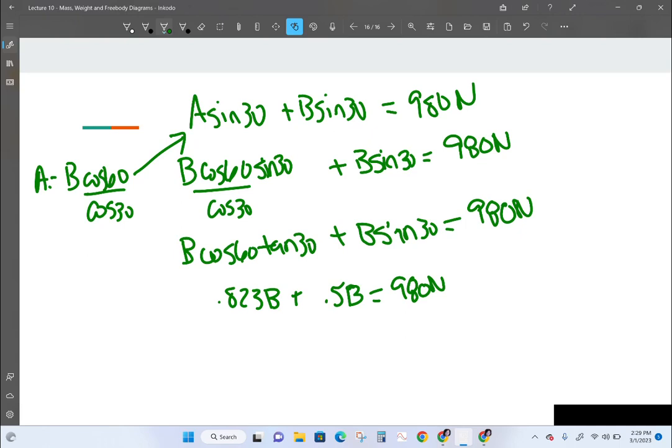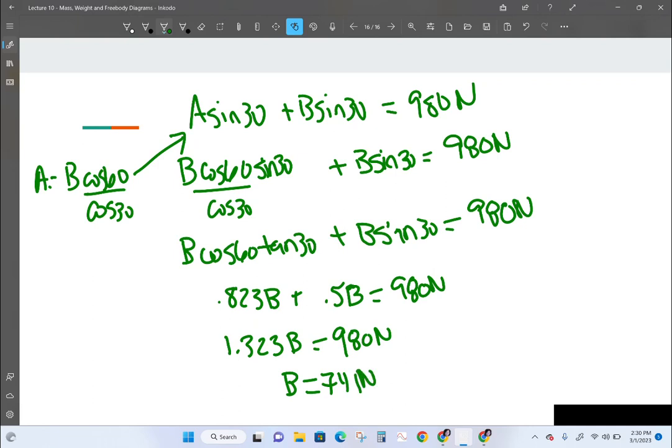So 0.5 plus 0.8 would be 1.323B equals 980 newtons. So B is equal to 980 divided by 1.323. So B is going to be 741 newtons.